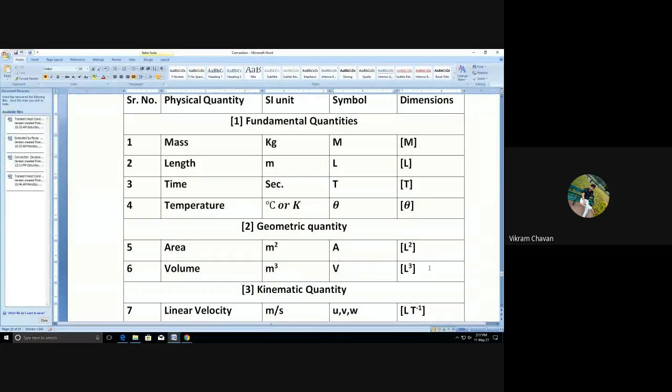Symbol is capital V, and dimensions are L raised to 3. Write down, everyone, because you will require these quantities in further analysis related to convection.